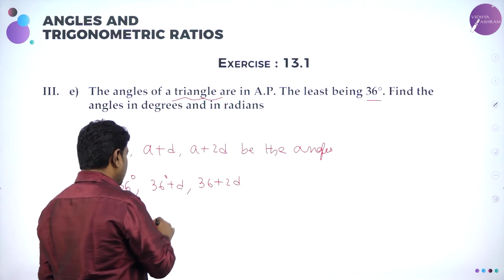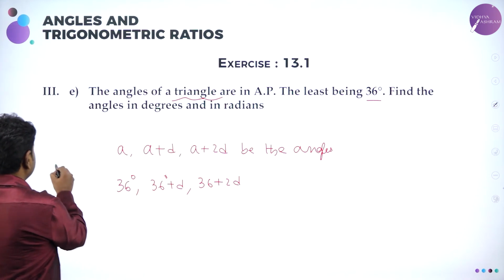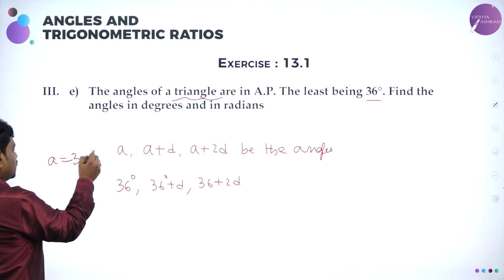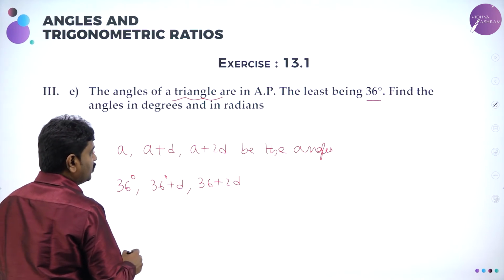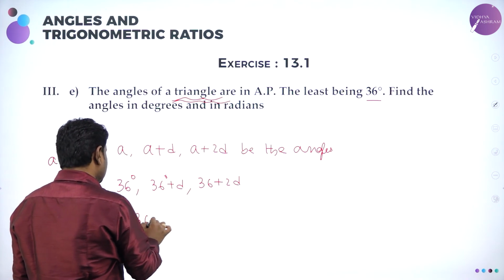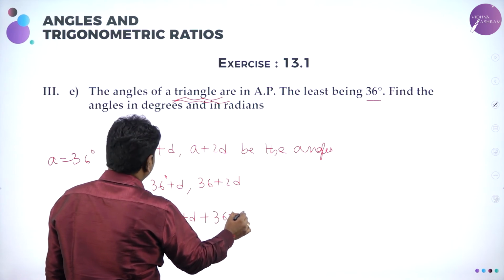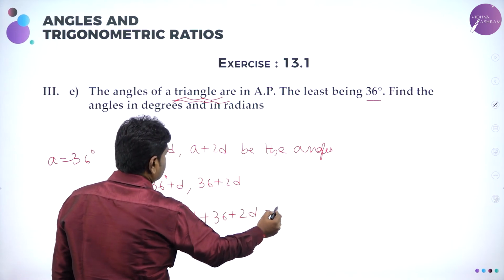Arithmetic progression means the terms should be in AP. So the angles are A, then A plus D, then A plus 2D, and A is the smallest angle, 36. Because it's a triangle, the sum of the angles is 180. So 36 plus D plus 36 plus 2D is equal to 180.